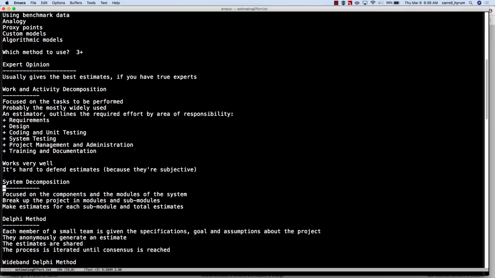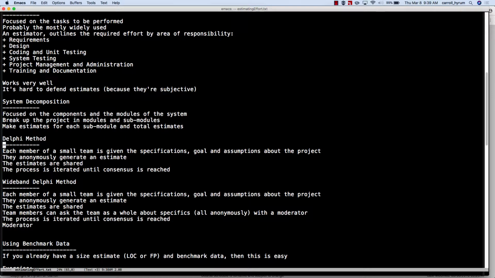What did you think of the Delphi or wideband Delphi method? Do you remember what they were? They were methods of coming to a consensus by using anonymous estimates, and then with the wideband Delphi model, discussing them with the moderator.